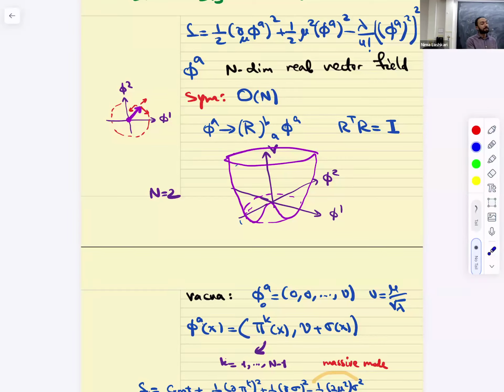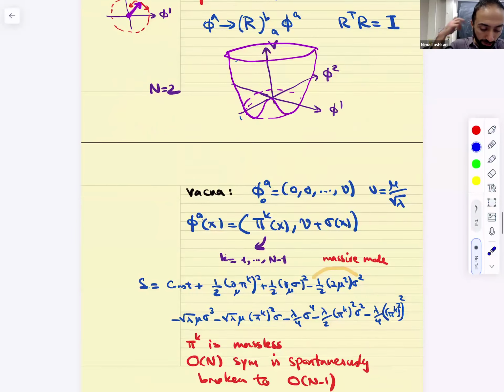So the vacua are manifold degenerate. In the case of the 1D Ising model, you could take a vacuum all up, apply a Z2 symmetry, and you get another vacuum state. Here, the symmetry you apply is a continuous symmetry that will rotate you among these vacua.